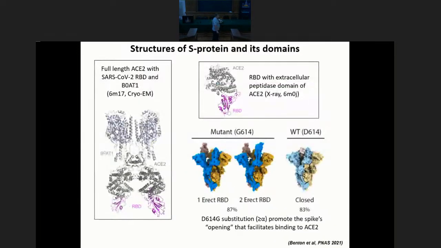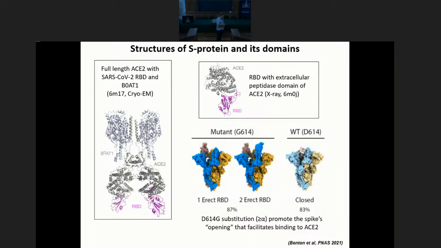There are a lot of different structures of spike protein or individual RBD in complex with its target, with the full receptor ACE2, or with the individual peptidase domain of ACE2, the target of RBD. The structure of S protein from wild-type virus usually has all RBDs in closed conformation.